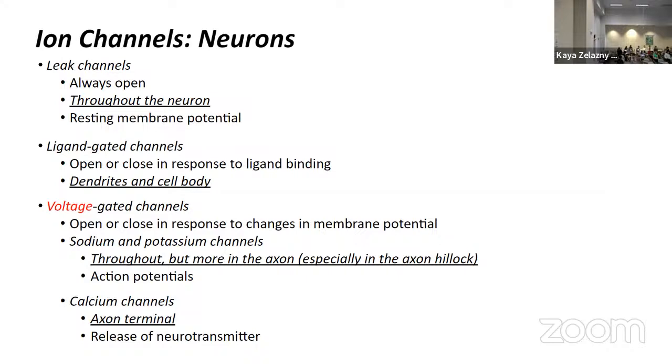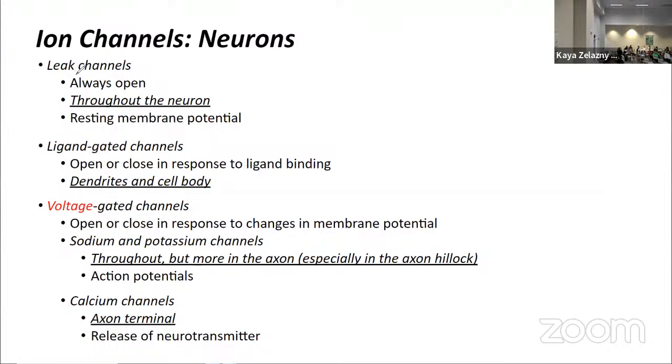Okay, so as we're thinking about the different types of ion channels that you see in a neuron, I made you this kind of summary table of all of the ones that are there, because we're going to want to be able to compare which types of channels do what and where they are. Okay, so the ones we've been talking about up until today are mostly our leak channels.